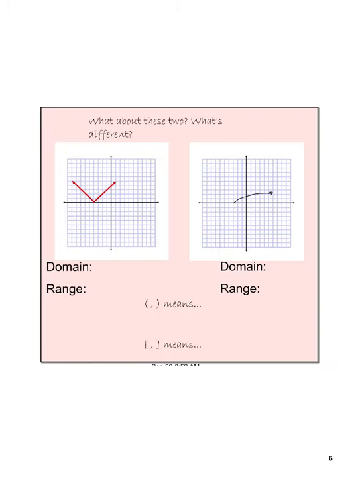Okay, so now we do have some arrows. We've got some different looking graphs here. This is actually a version of the absolute value graph on the left here. I'll switch over to red to match the color of the graph. So the domain on this one, you can see this arrow means that it's going to go on forever in that direction.